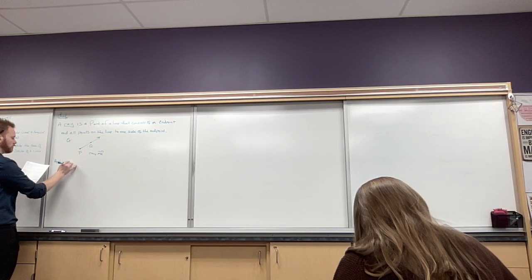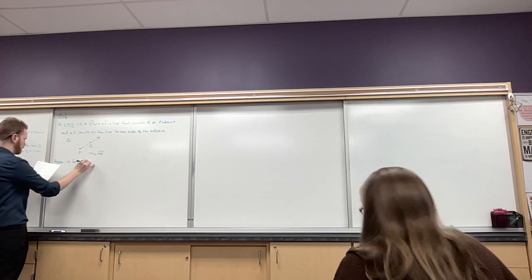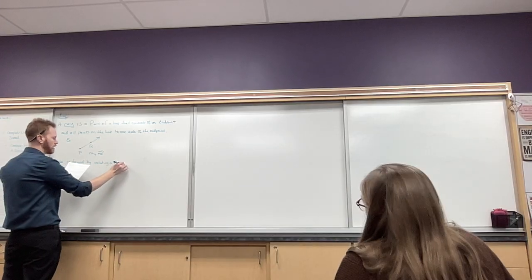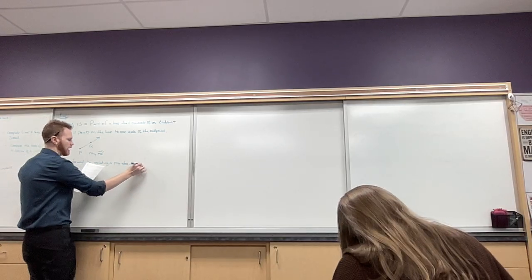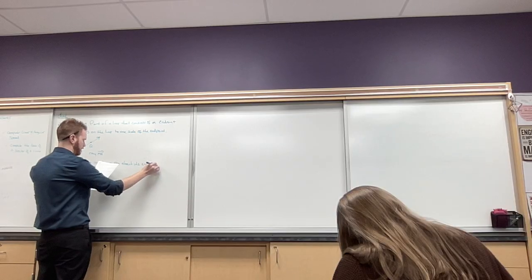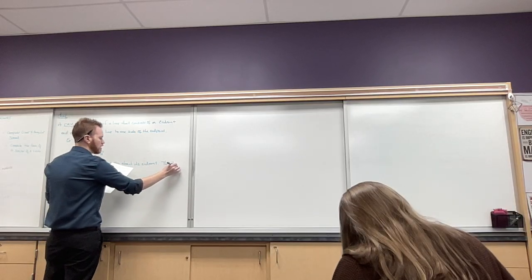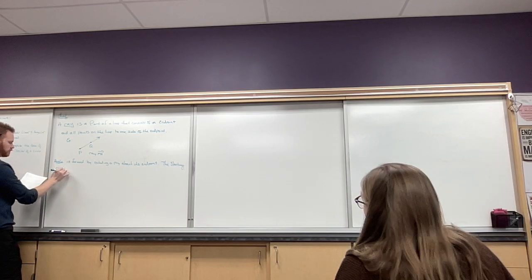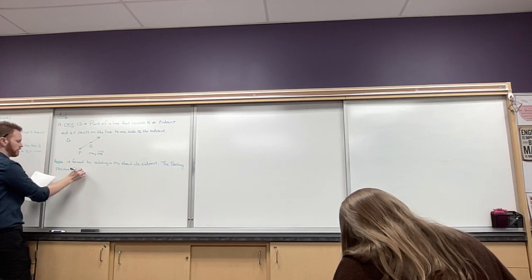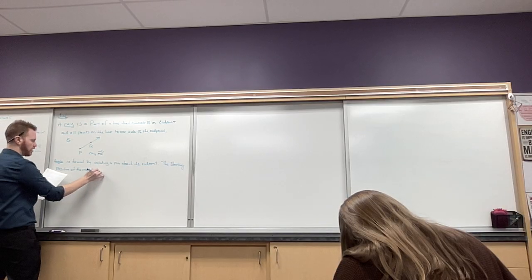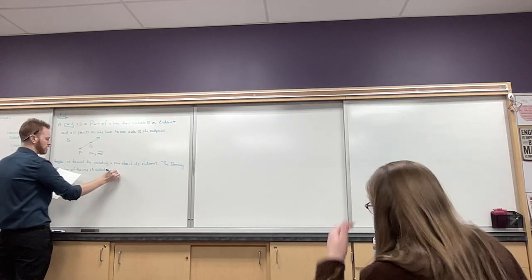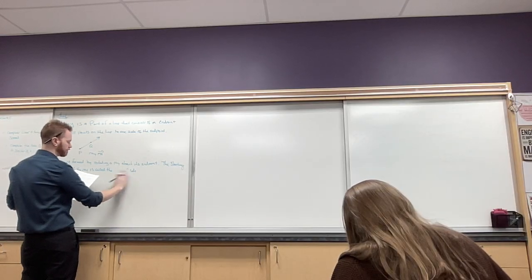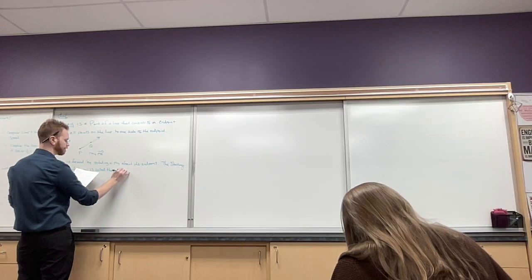An angle is formed by rotating a ray about its endpoint. The starting position of the ray is called the terminal side. Oh, sorry, no. Read a little bit too far on my notes. Initial side, meant to say.